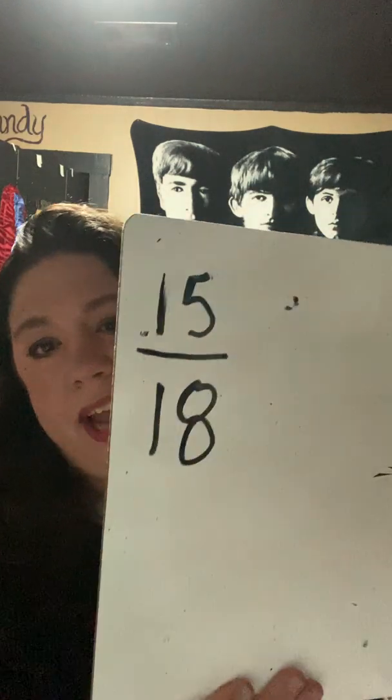Let's do another one. Next one says 15/18. Simplify that fraction. So write down 15/18. What's the biggest number that will go into both of those numbers evenly?